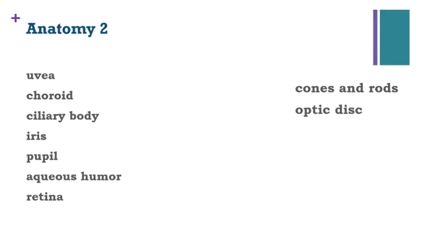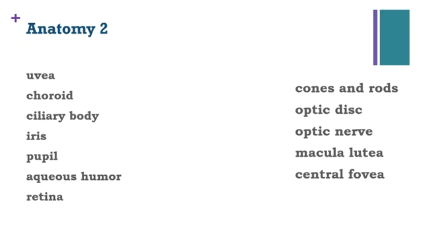Each retina has about 6 million cones and rods. The exact center of the posterior portion of the retina is called the macula lutea. The zone that contains only cone photoreceptors is called the central fovea. Just posterior to the pupil and iris is the avascular lens.